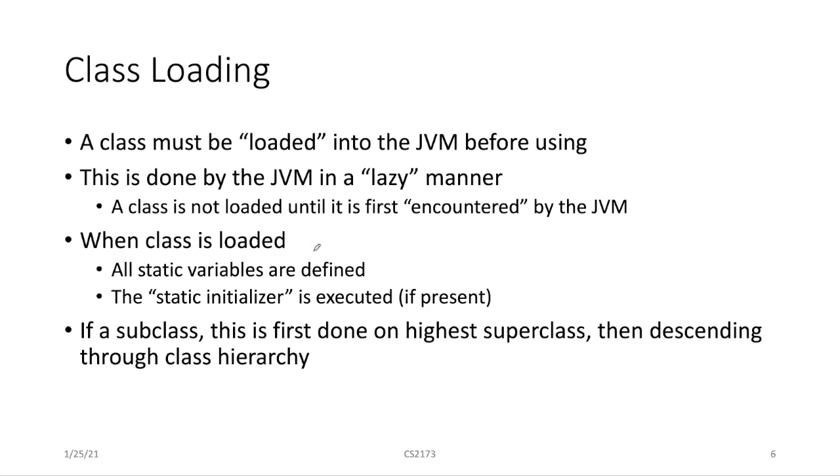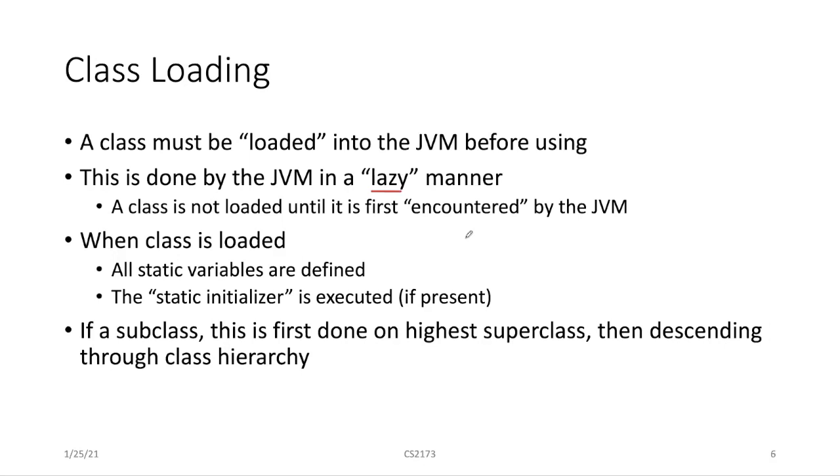So when you say to execute it, the first thing it does is load that main class. Then as it encounters classes in that main method, it loads the classes in a lazy manner, meaning it doesn't load the class until it's first encountered by the virtual machine.